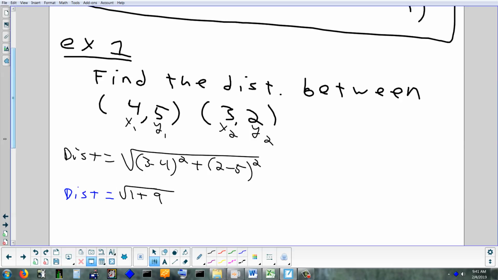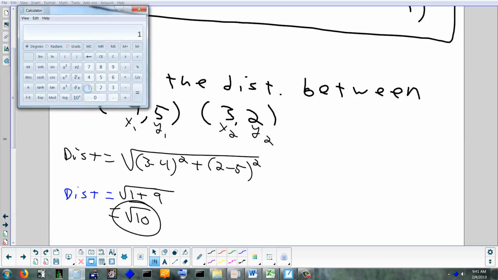Squared is 9. So the distance here is going to be the square root of 10. In that particular problem, if they don't want a decimal, there's nothing else you can do. You're done. If they want a decimal, then you just type it in your calculator and you get about 3.16.